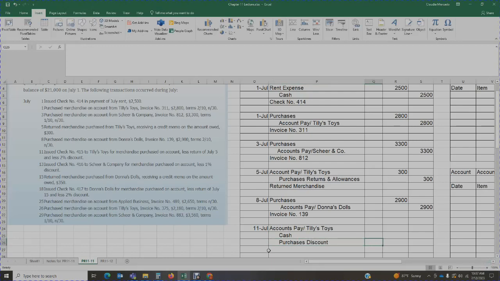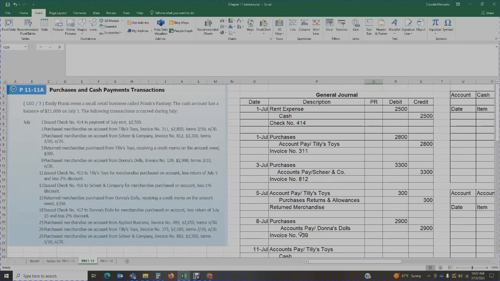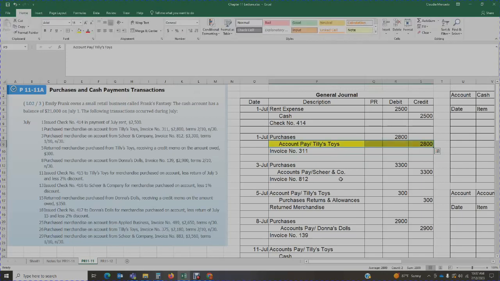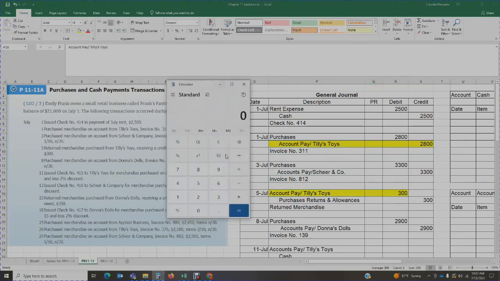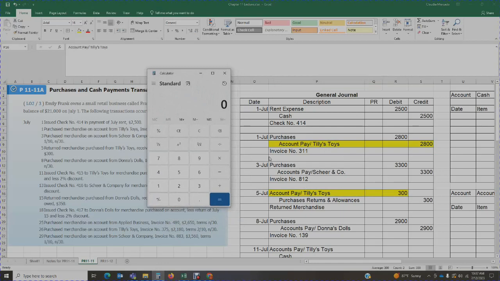Now we need to figure out how much we owe for Tilly's. So let's go ahead and highlight anything that has to do with Tilly's Toys. Tilly's Toys here and Tilly's Toys here. Okay, so let's look at our accounts payable for Tilly's Toys. We made a purchase of $2,800 credit, and then we have a return $300 debit, so we subtract that.